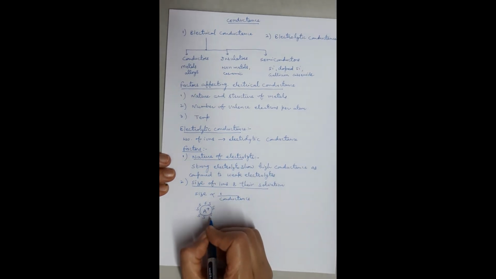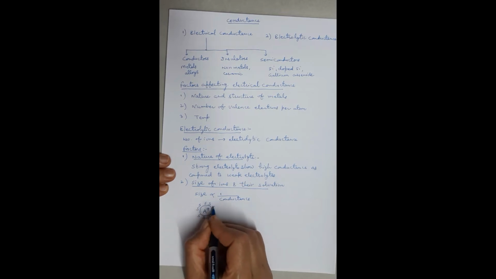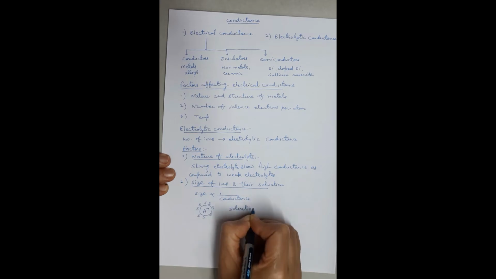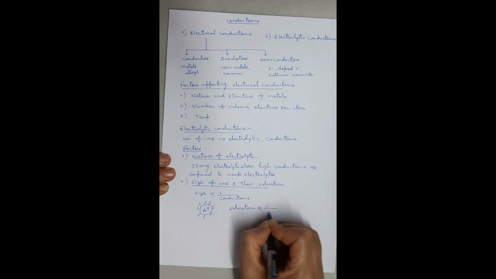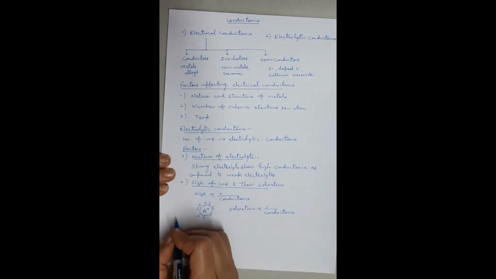And if some ions are highly solvated, if they are more surrounded by water molecules or by solvent molecules, it won't be able to move. So the same thing is here. As the size is inversely proportional to conductance, solvation is also inversely proportional to conductance. The more the solvation of the ion, the lesser is the conductance.